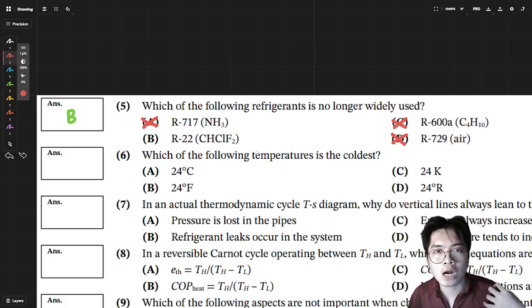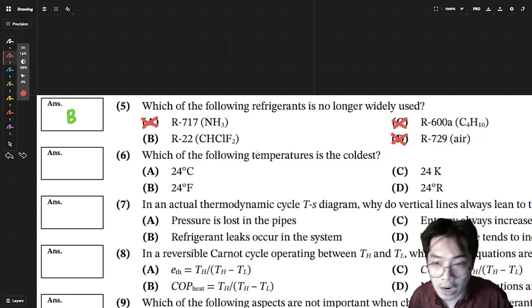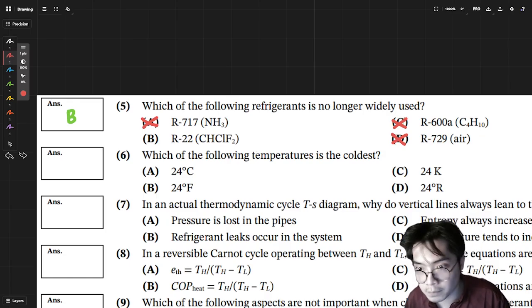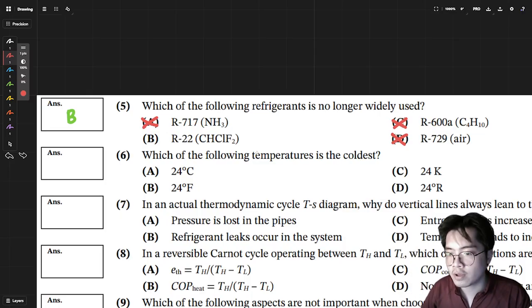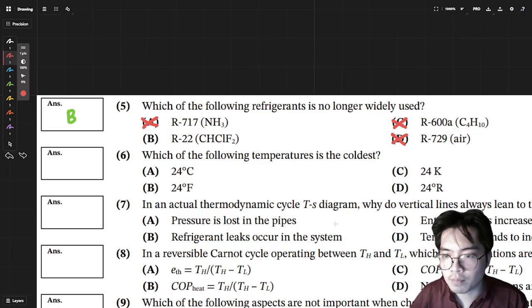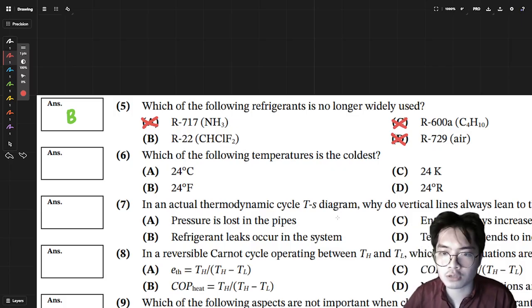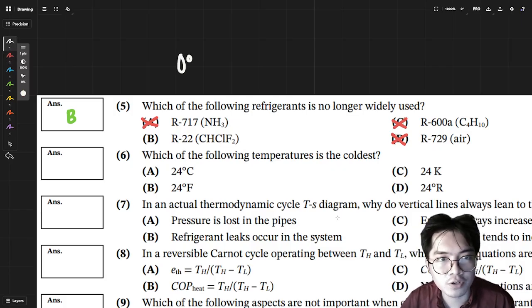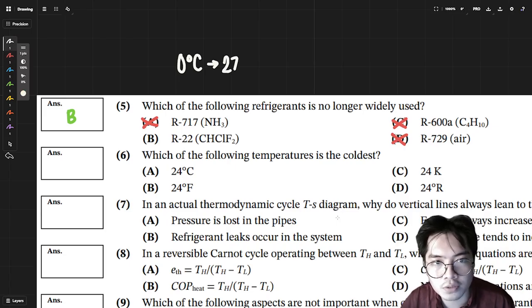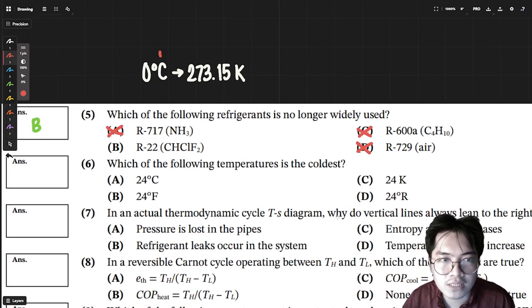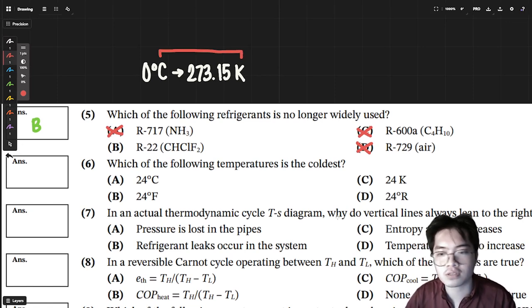But they are relative with regards to the absolute temperature scale. We know that the freezing point of water is 0 degrees Celsius, but it's actually equal to 273.15 Kelvin. They have the same scale, degrees Celsius and Kelvin.